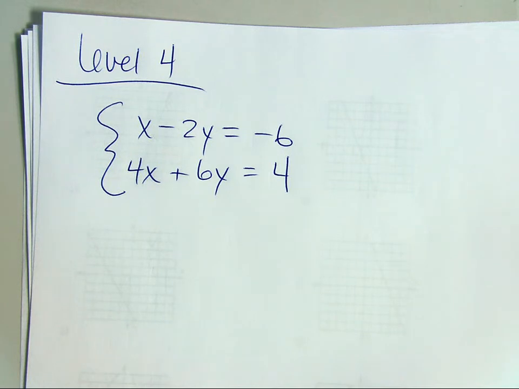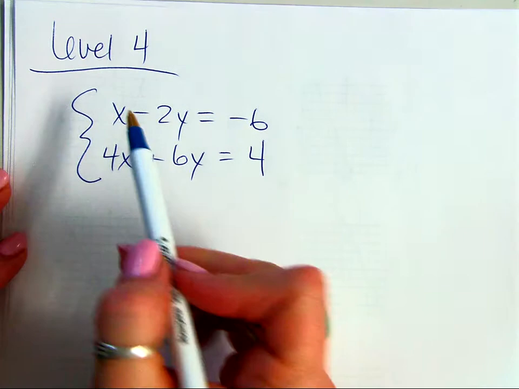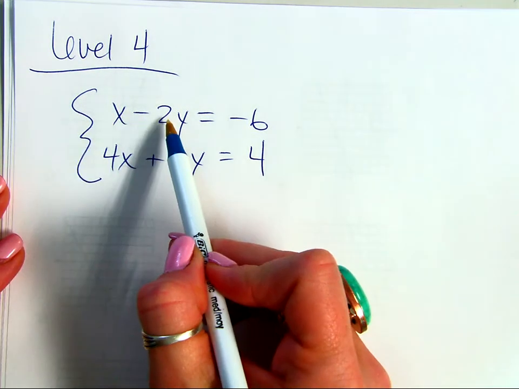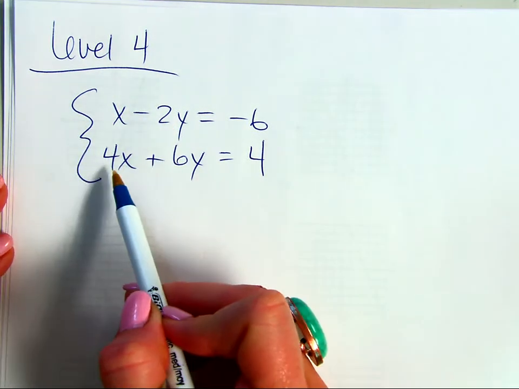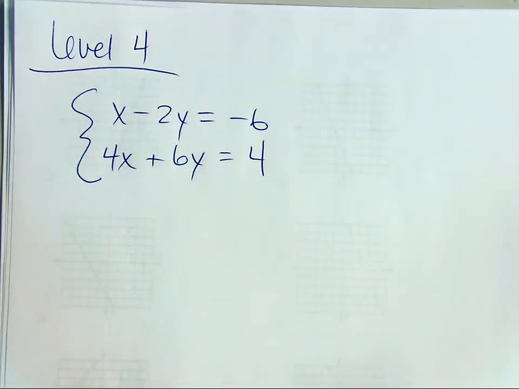Which one is it? Well, let me just say this. You have 4 different options right now. You literally cannot go wrong unless you make a math error. You can decide to solve this equation for x or this equation for y, or this equation for x or this equation for y. You can pick whichever one you want to get by itself.